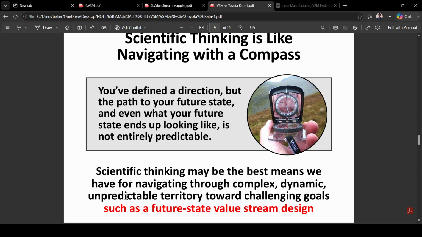Scientific thinking is like navigating with a compass. You have defined a direction for the path of your future state, and even what your future state ends up looking like is not entirely predictable. Scientific thinking may be the best tool we have for navigating through the complex, dynamic, unpredictable territory toward challenging goals, such as a future state value stream design.